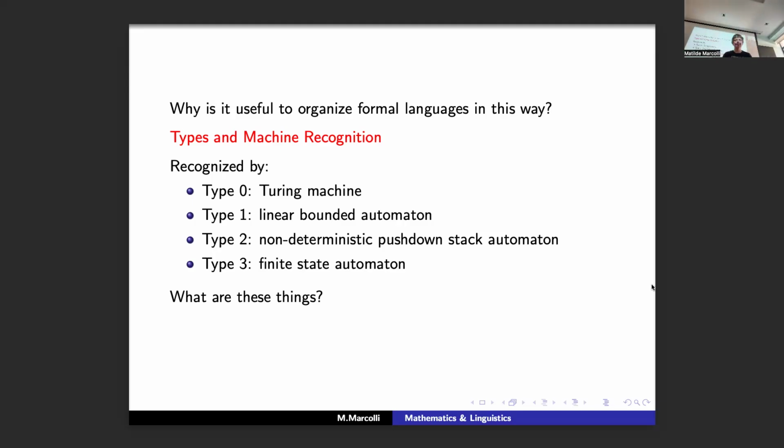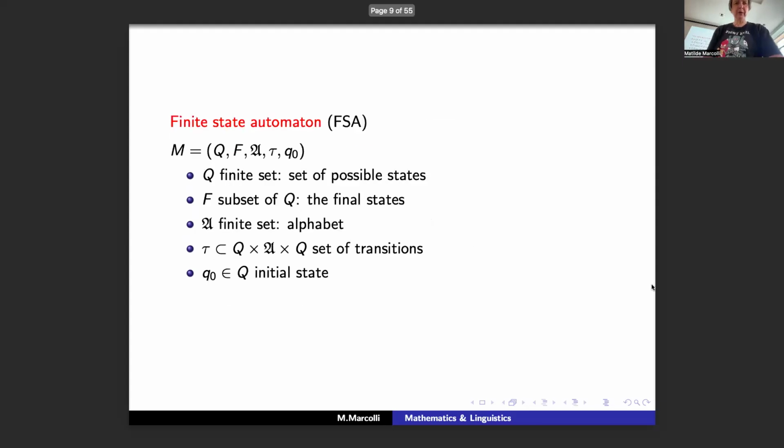Okay. Sorry. Technical. Okay, so last time I was in the middle of going through these different types of formal languages and the corresponding recognition by different kinds of automata. I'll try not to make this story too long, but let me continue with where I was.